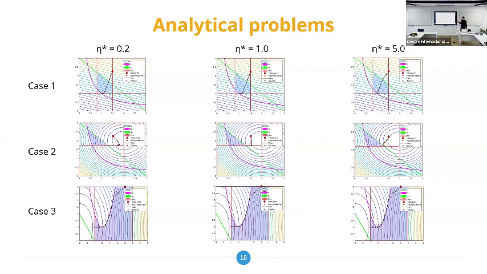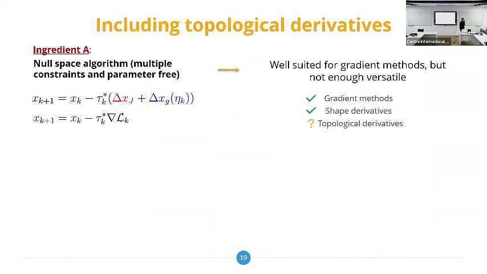And as eta star increases, the optimization process prefers to first satisfy the constraint and later minimize the function. In this case, the same solution is obtained because we have just one solution, so it is independent of the choice of the eta star. But in topology optimization, we will see that as a function of the eta star parameter used, we can obtain different local points.